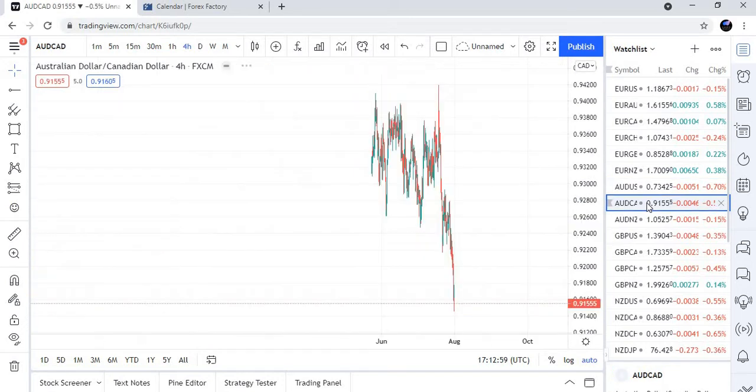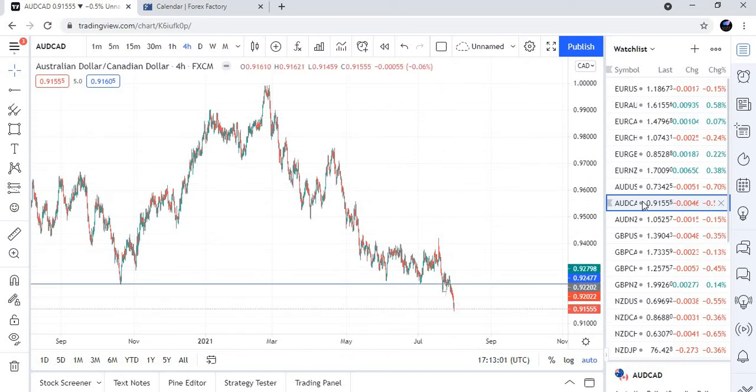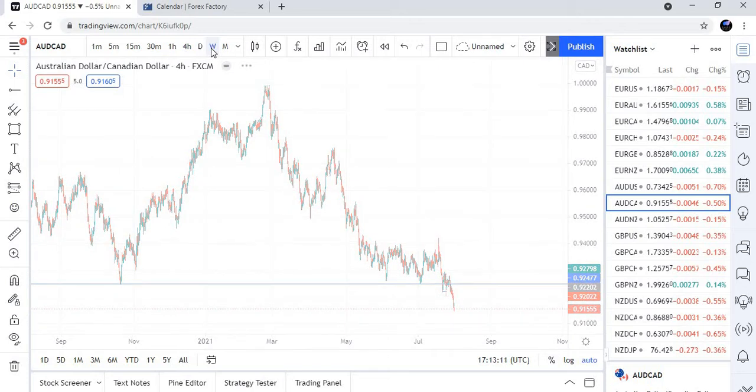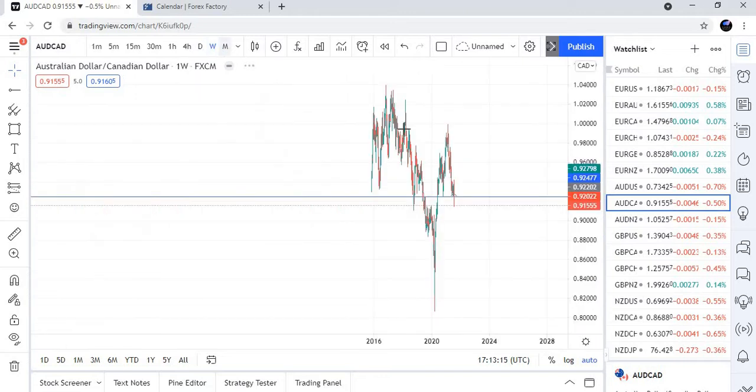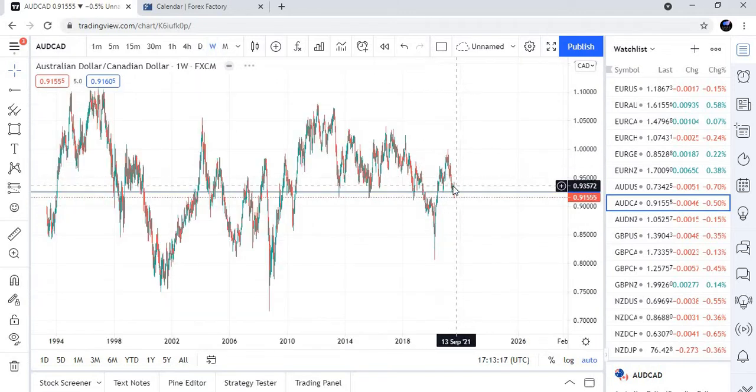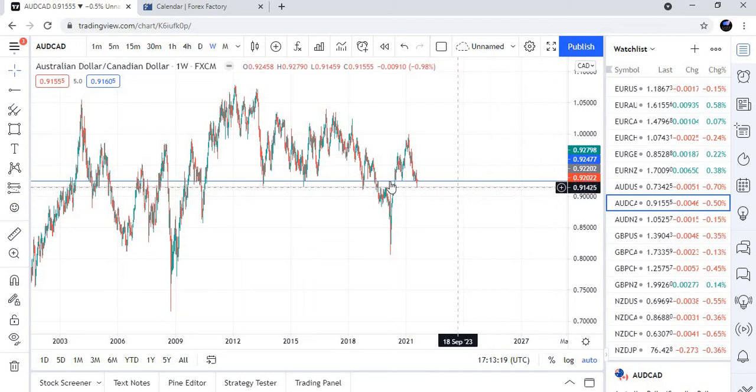The next pair we're going to be analyzing is the AUD Canadian dollar pair, and as you can see, this is also moving in a very strong downtrend on the 4-hour time frame. Let's move to the weekly time frame to see how the pair is performing overall. As you can see, it has broken a potential support and is heading towards another support.